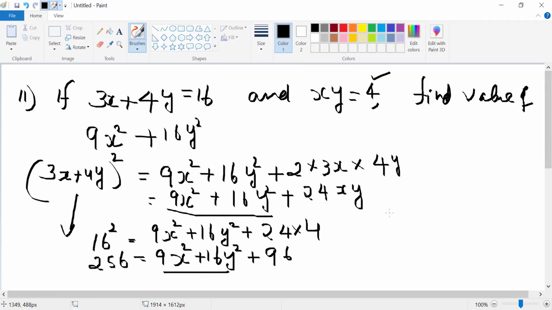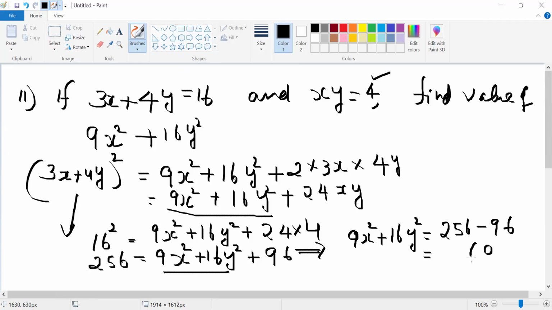So I can write 9x square plus 16y square equal to 256 minus 96, which will give you 160. So the value is 160. Clear? Very important question. Now the last question of this exercise.